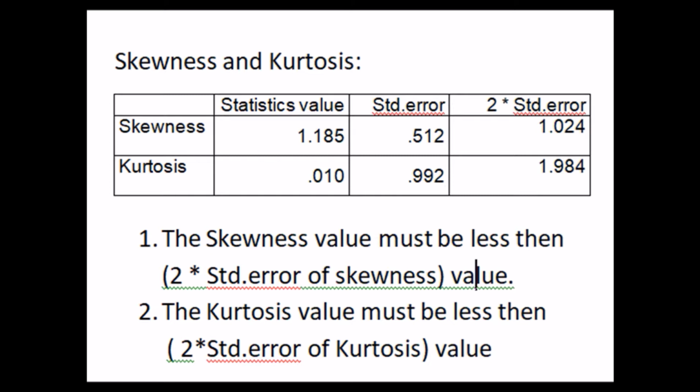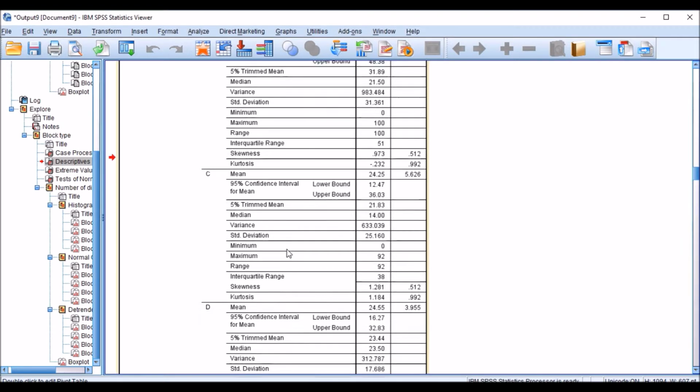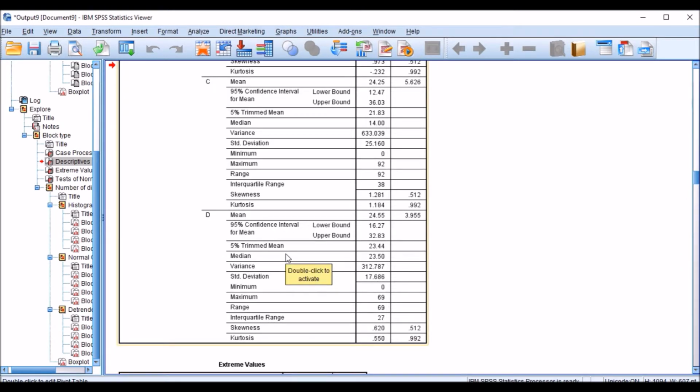These things can be understood from the values, and this needs to be done by manual calculation. So this is the data which we have used just now. In the same way, we must do the analysis for blocks B, C and D to know whether the histogram is skewed or kurtosed or not.